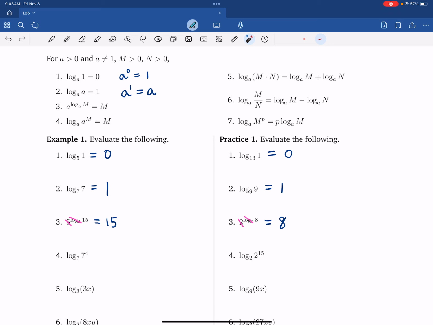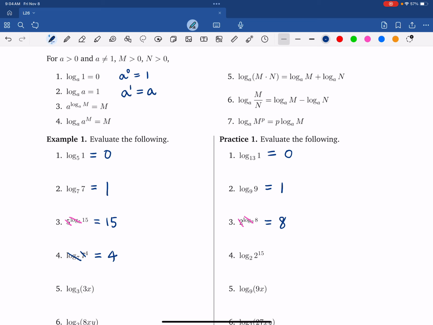As what we deduced before, log base A and exponents of A, they're inverse operations. So we simply cross them out. In this number 4 right here, we have log base 7 and we have exponents of 7. They're inverse operations. You cross them out. They cancel out. We have 4 left.